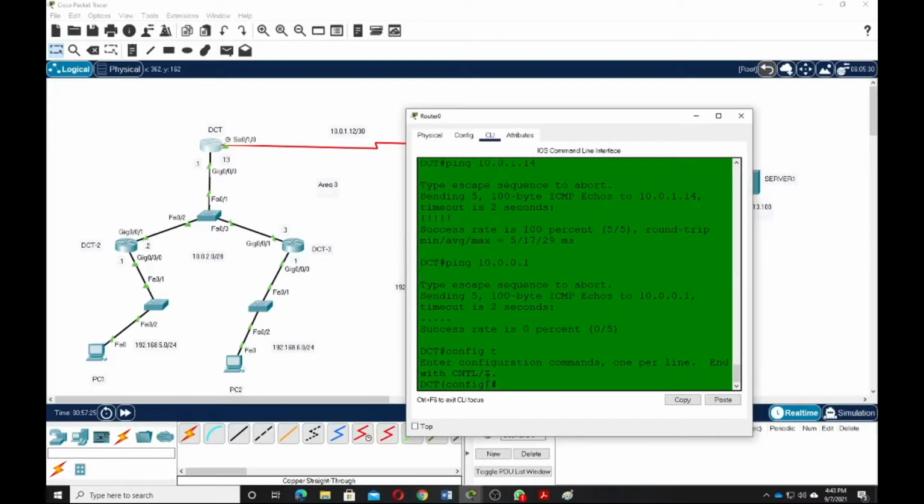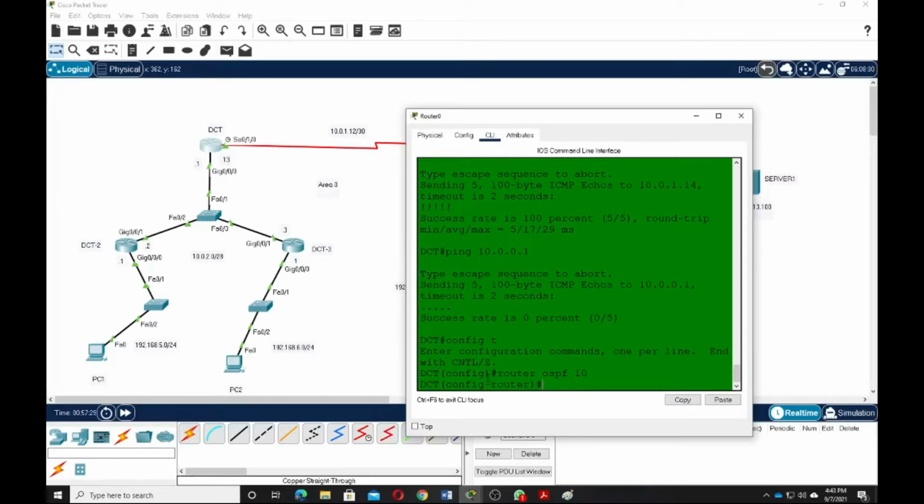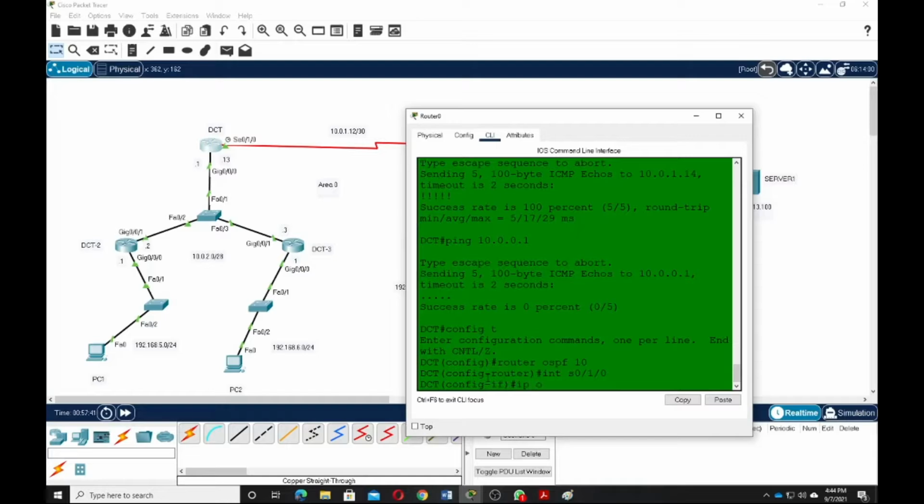Config t, router ospf 10. Then interface serial 0/1/0, ip ospf 10 area 0.